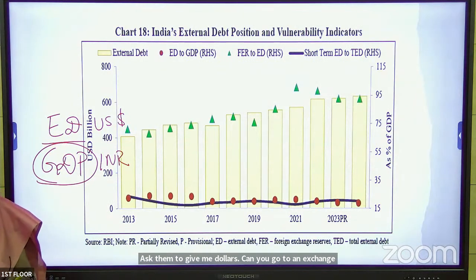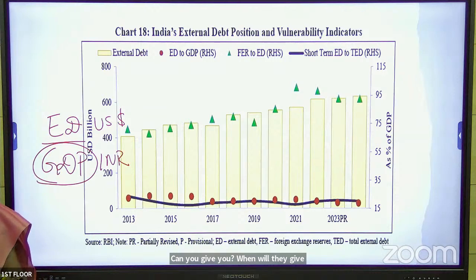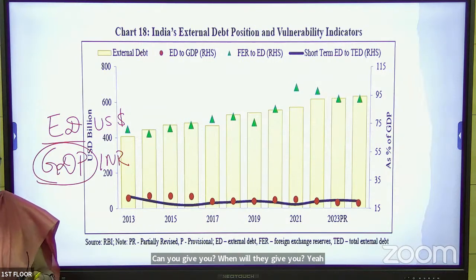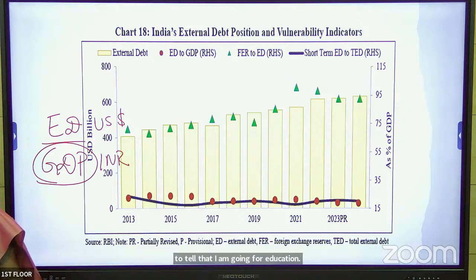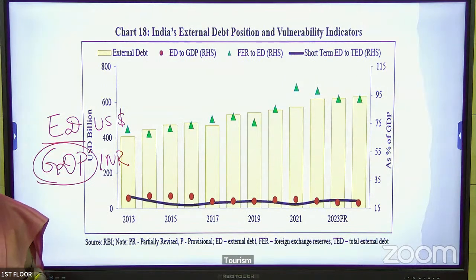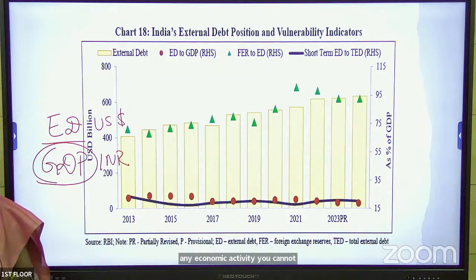You go to RBI and ask, will they give you? When will they give you? You have to tell them that you are going for education, tourism, or to visit some relatives. I have to give a reason. Unless and until it is classified under some economic activity, you cannot purchase even one single dollar from any country.